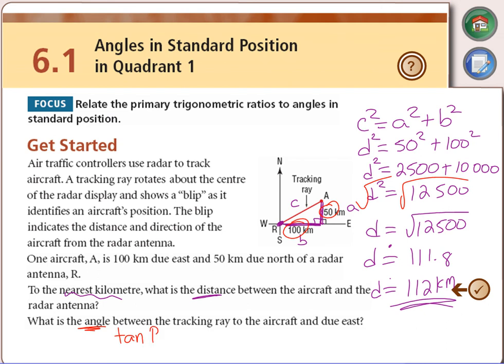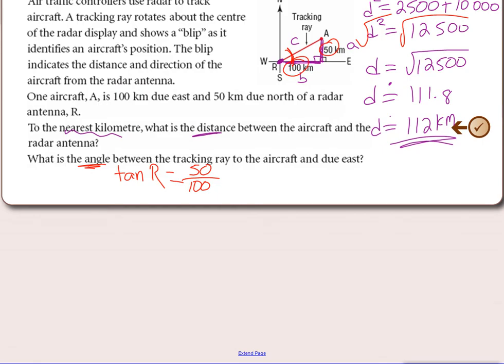So the tan of angle R is equal to the opposite, which is 50, divided by the adjacent, which is 100. Hey, that's 0.5. That's 1/2 there. So then, if I want to solve for the R value, the angle, I need to get the tan over to the other side. You can't just divide the tan.